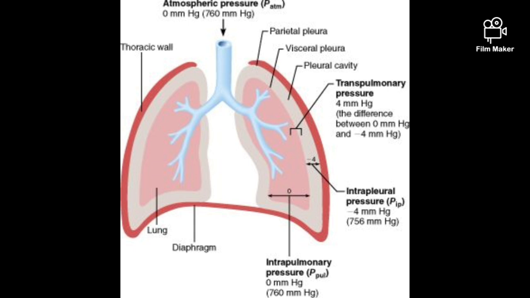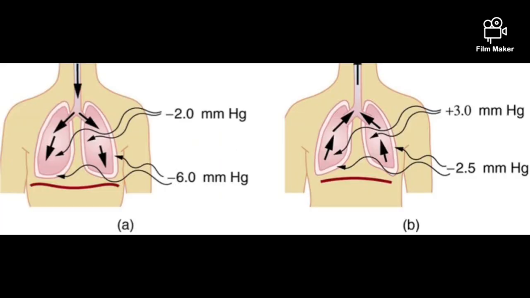exchange, takes place. So, this intrapleural pressure becomes more negative at increased stages of inspiration, like at maximum inspiration. It is about minus 6 mm of Hg, the highest negative value, thus drawing the air to the terminal end of the respiratory tract.